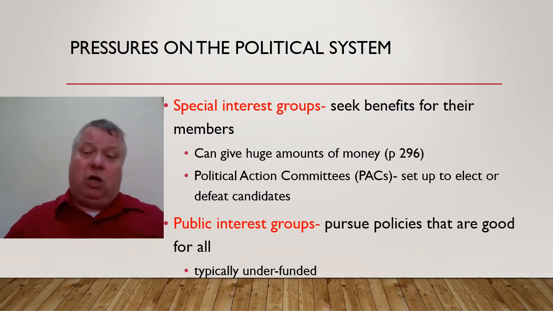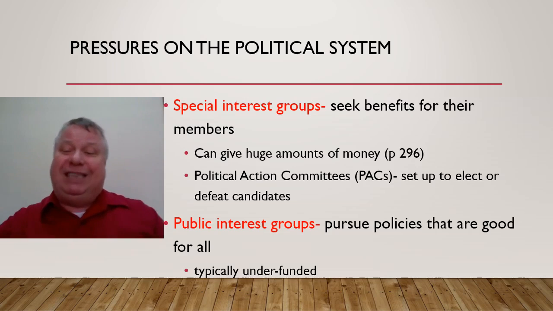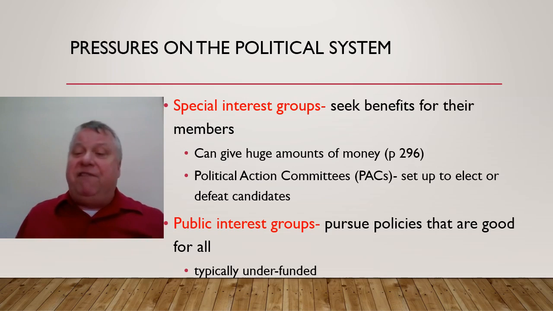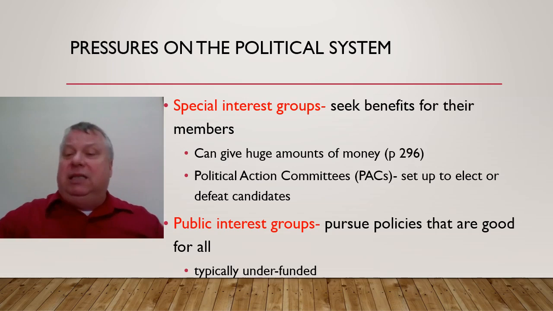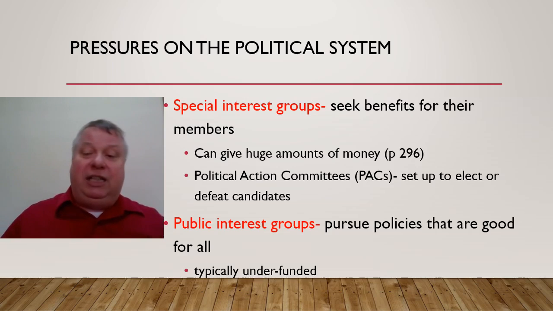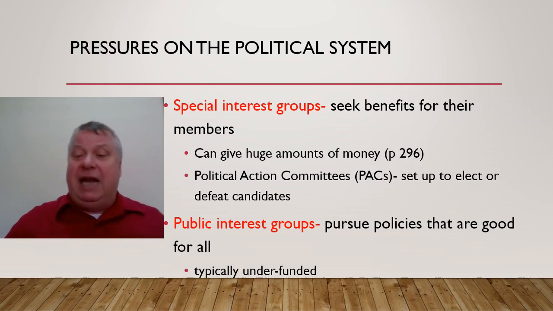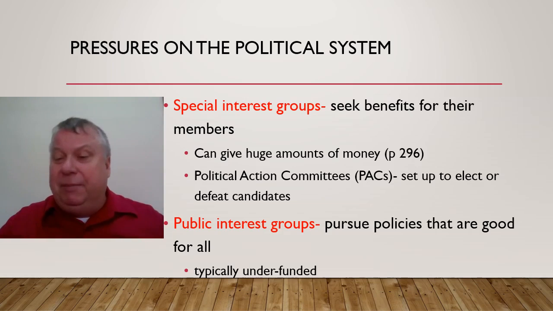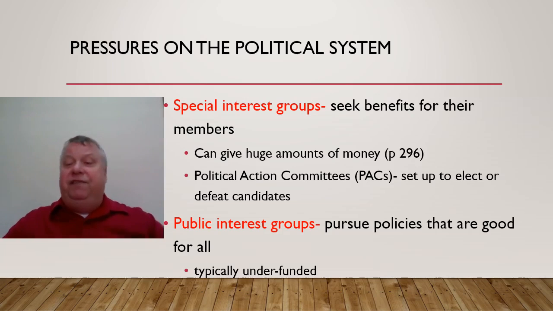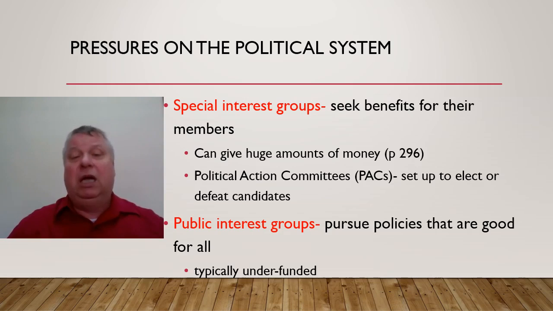How much of this goes on? How much do special interests get to siphon off by giving a few $1,000 in election funds, or a few $1 million in advertising funds? And they can set up political action committees to help elect or defeat candidates or issues.